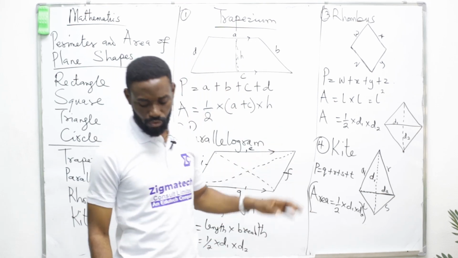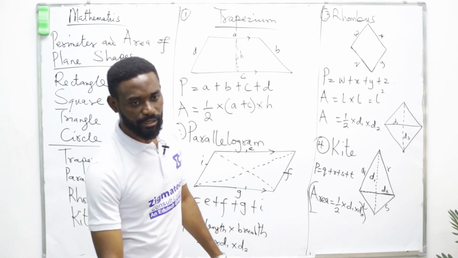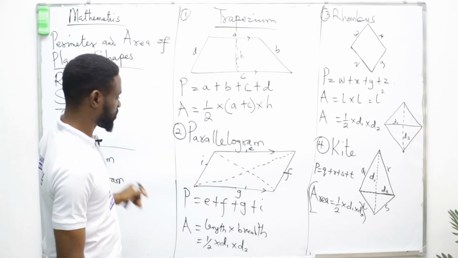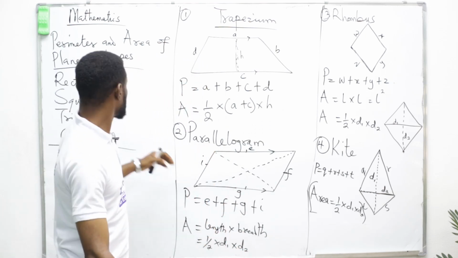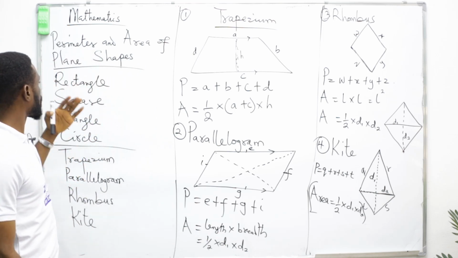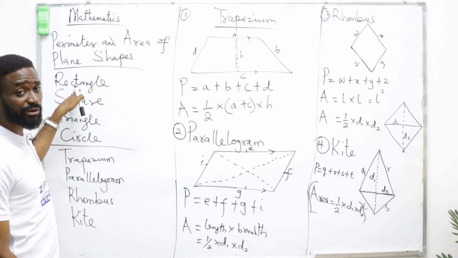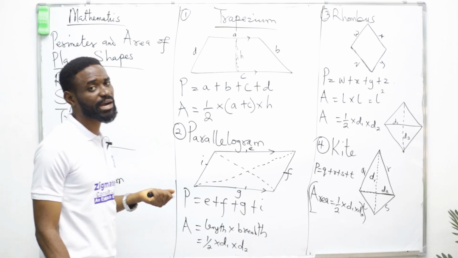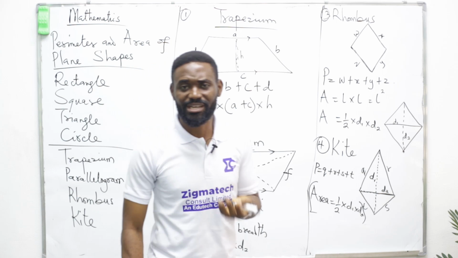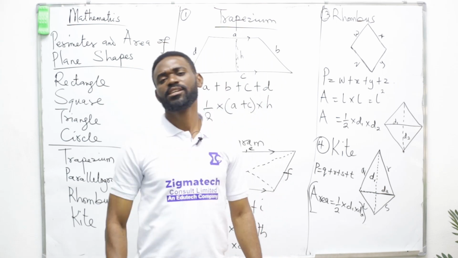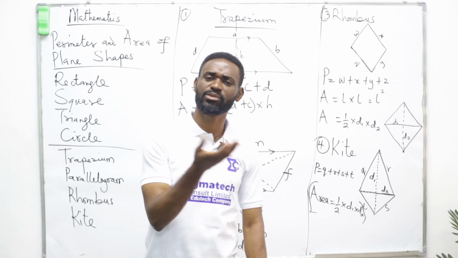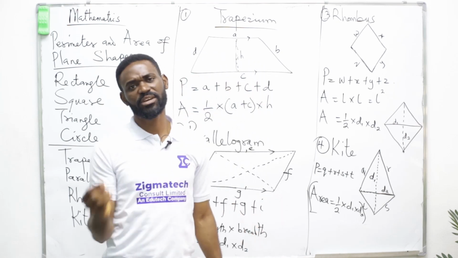So that is how to calculate, or the formulas used to calculate, these plane shapes. Okay, we've seen the formula to calculate the rectangle, the square, the triangle, and the circle. So one thing about calculating areas and perimeters of plane shapes, especially for area, is once you know the formulas, just try as much as possible to have these formulas at the tip of your finger.